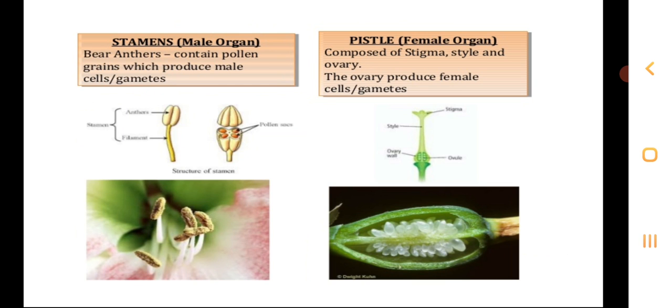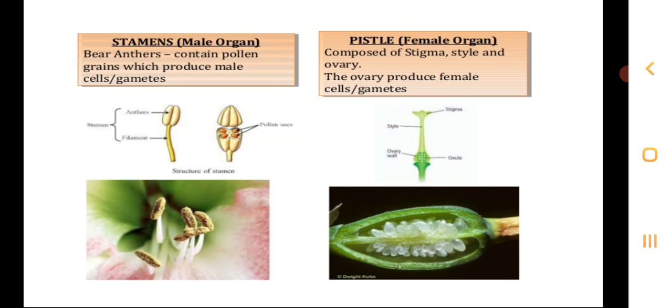As we are talking about the stamen and pistil, let us know what they are. Stamen is the male organ and pistil is the female organ. Stamens bear anthers which contain pollen grains which produce male cells, or you can say male gametes. Pistil consists of stigma, style and ovary. The ovary produces female cells, or you can say gametes.